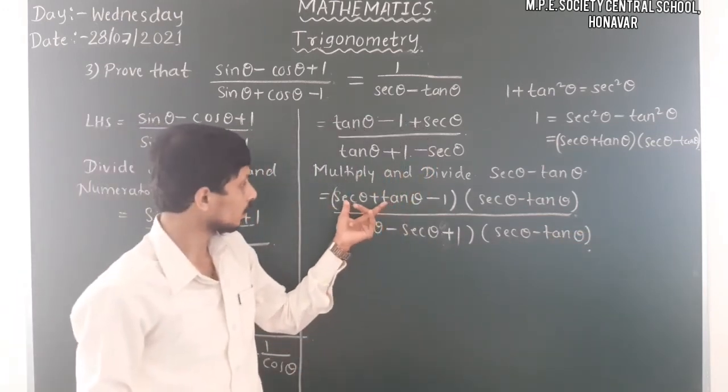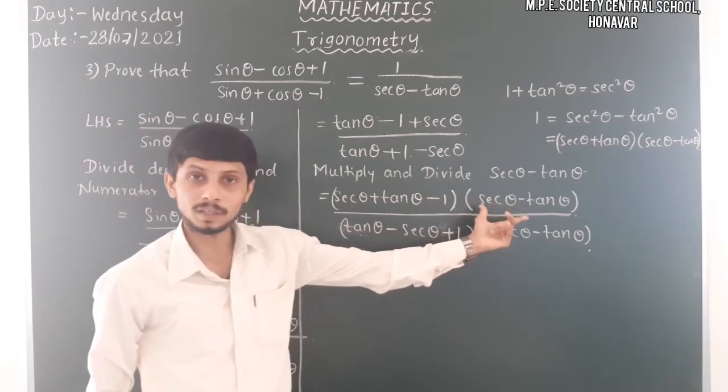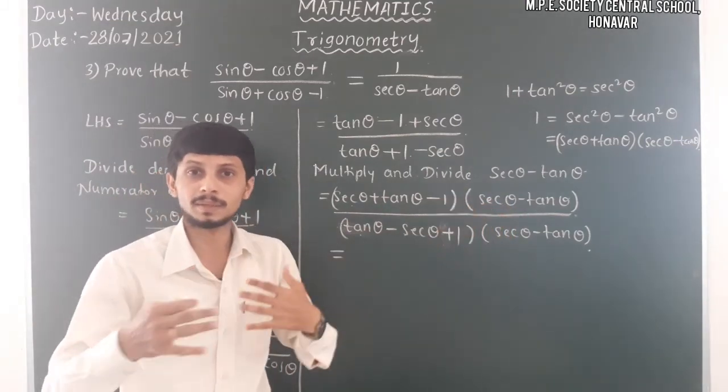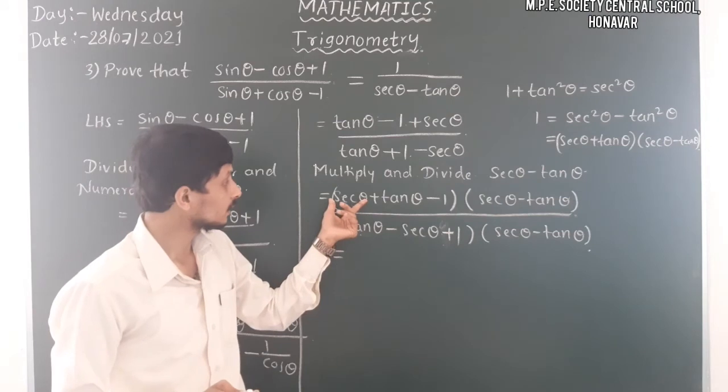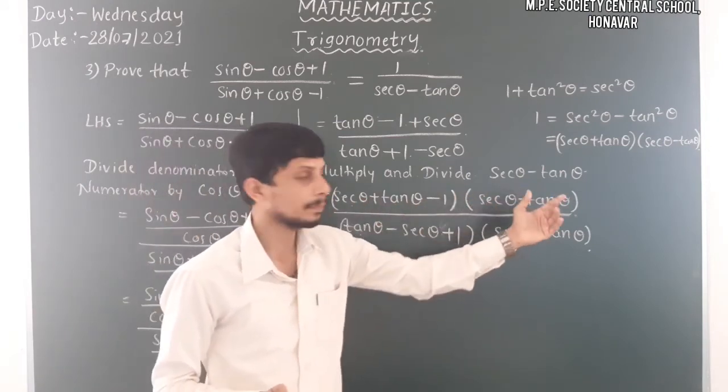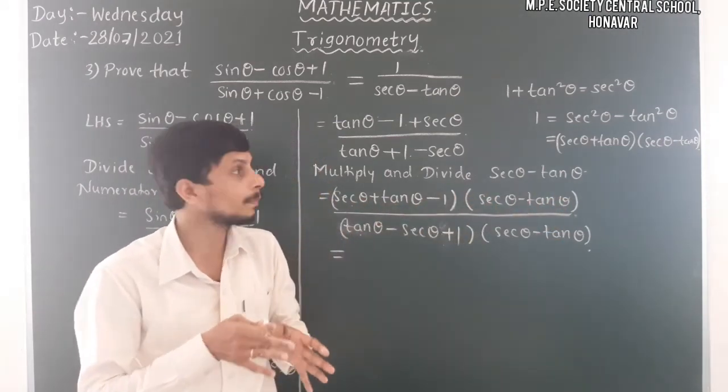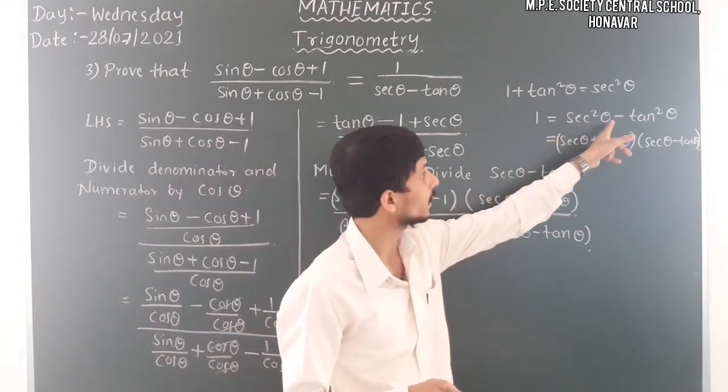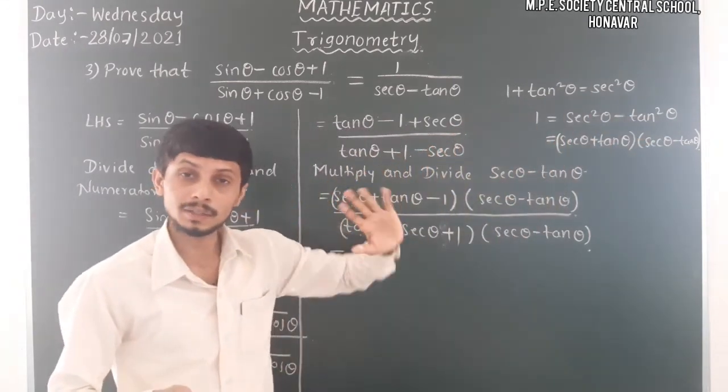So here just observe, if you want to multiply this one, there are so many steps we have, but we want secant theta plus tan theta and secant theta minus tan theta. If you multiply both, you are getting the form secant square theta minus tan square theta. That one we want.